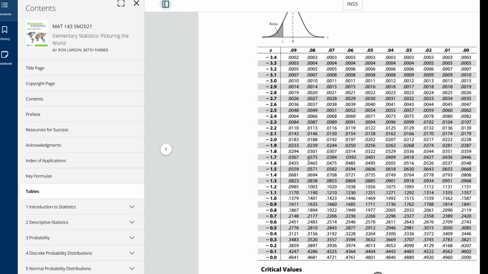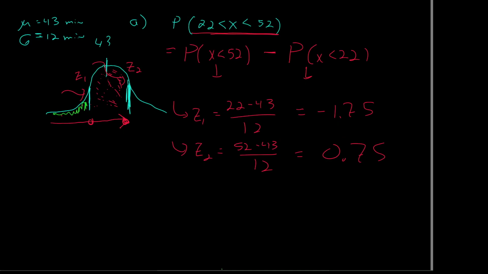I come across until I get under 5, and it's telling me the percentage of everything up to a z-score of negative 1.75 is about 4%, or 0.0401 is the probability. So I'm going to come back to my chart and say the probability of being less than 22, because that corresponds with the negative 1.75, is 0.0401 from the table.